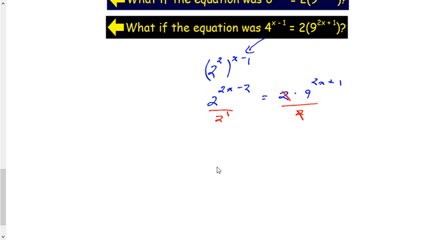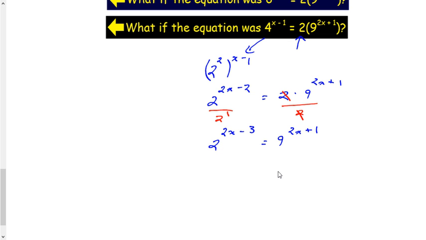So I would have 2 to the exponent 2x minus 2 minus 1 gives me a minus 3. In which case I get this equation, which is a little bit simpler than our starting equation where we have this extra 2 multiplied to the power. So that would be an option that we could do in this case, but in other cases we couldn't.